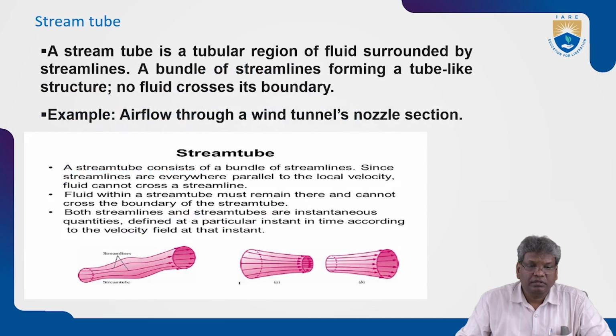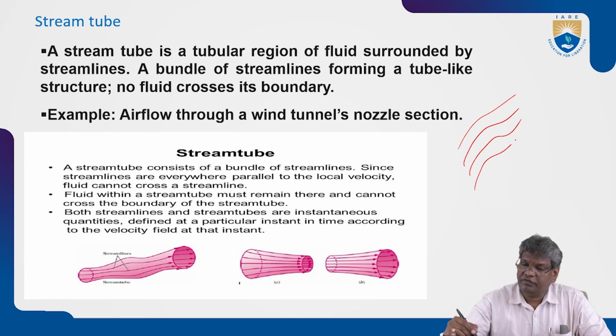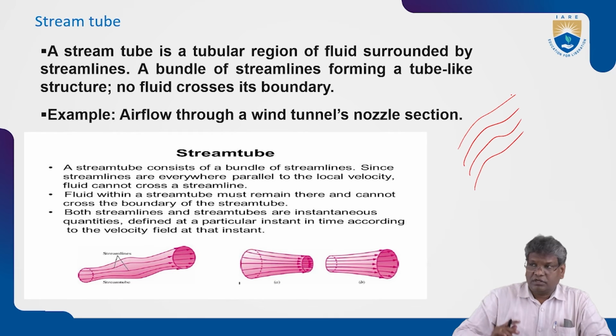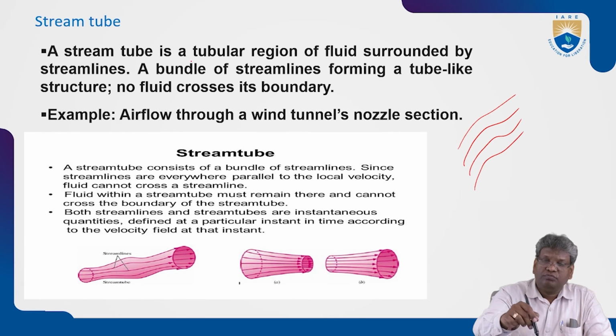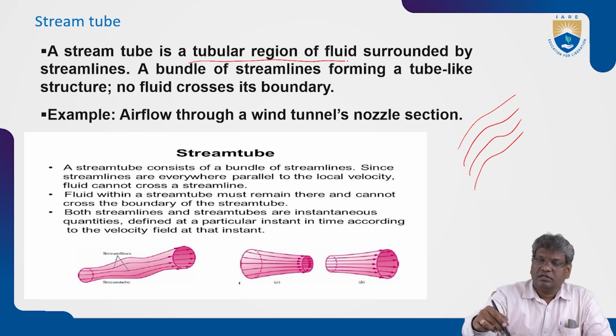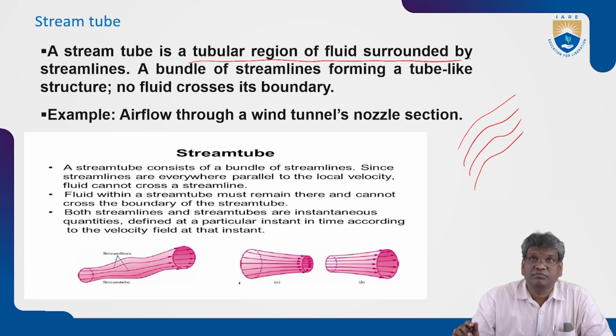Then stream tube. Streamline you have already seen. The number of streamlines, can we keep them in the form of a tube? We can call it a stream tube. A stream tube is a tubular region of fluid surrounded by streamlines.